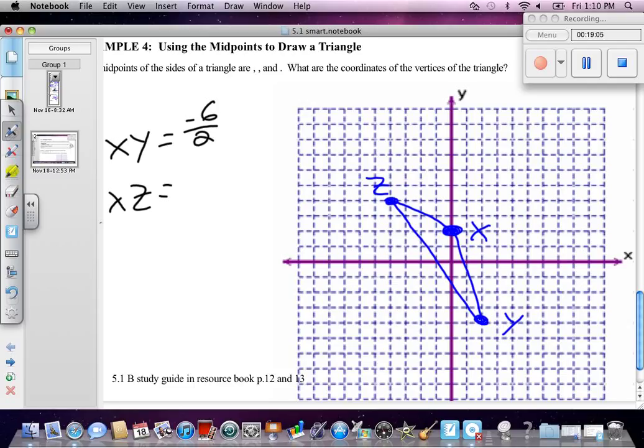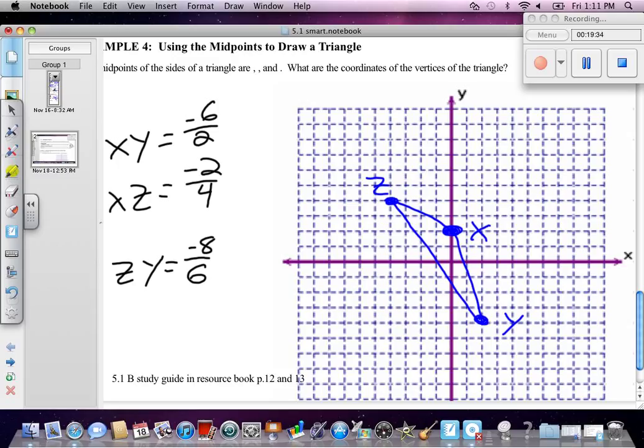We went down 1, 2 over 1, 2, 3, 4. What is the slope? Who can tell me what the slope of zy is? From z to y, how many did you go down? How many did you go over? We went down 8 over 6.